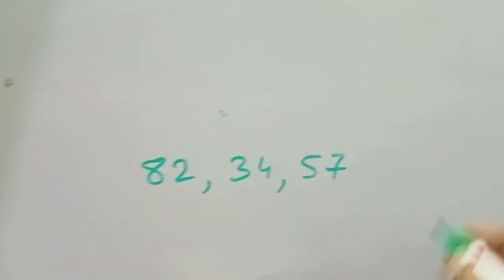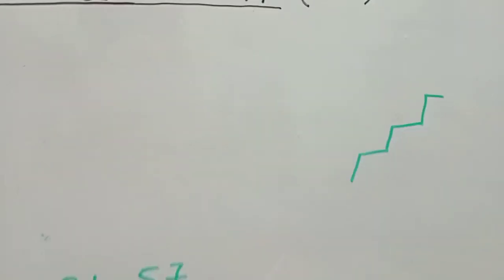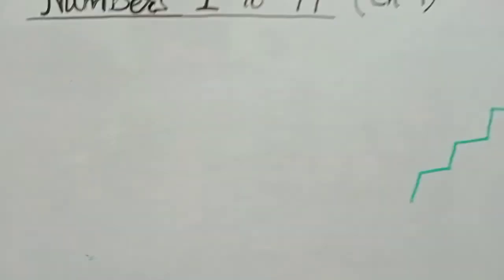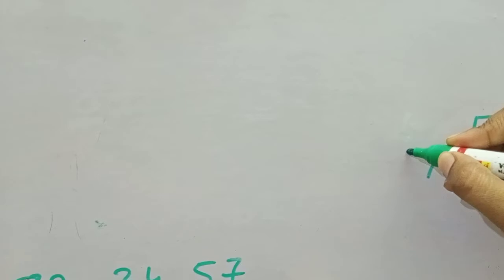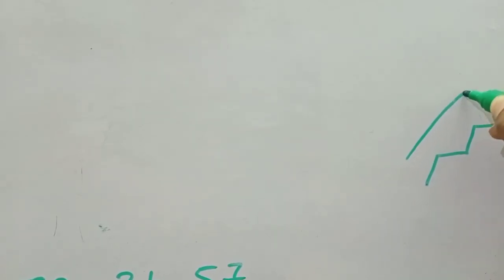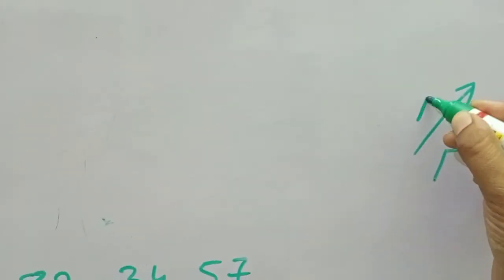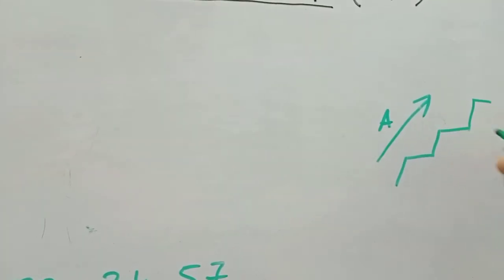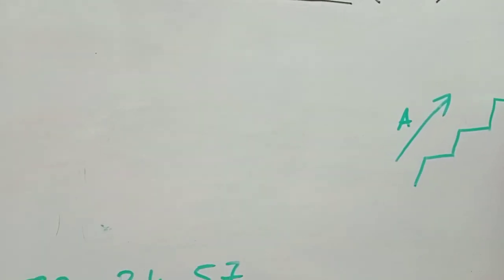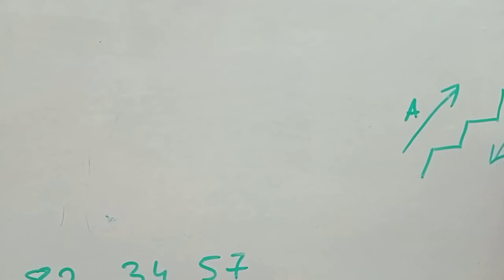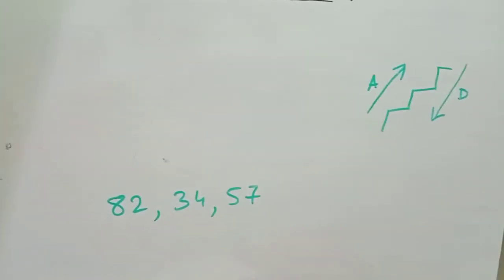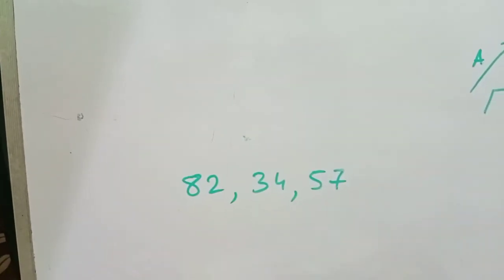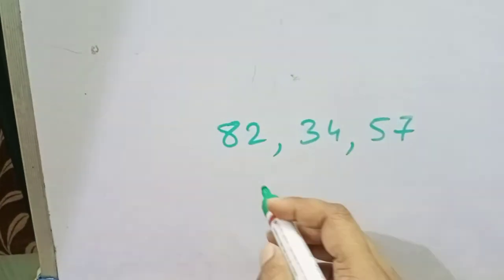Ascending means, suppose there are steps like this, from a lower step to a higher step, that is ascending. And descending means from a higher step to a lower step. Keeping the same concept in mind, here also you have to arrange the numbers in ascending order.